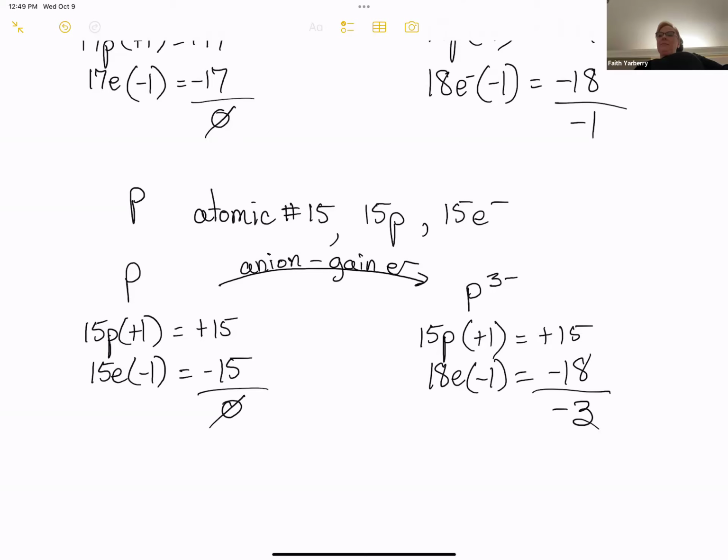Question about the metalloids. Do you have to know each individual one? You have to know who the metalloids are. So like boron, silicon, germanium, arsenic, antimony, tellurium. You don't have to write the names.